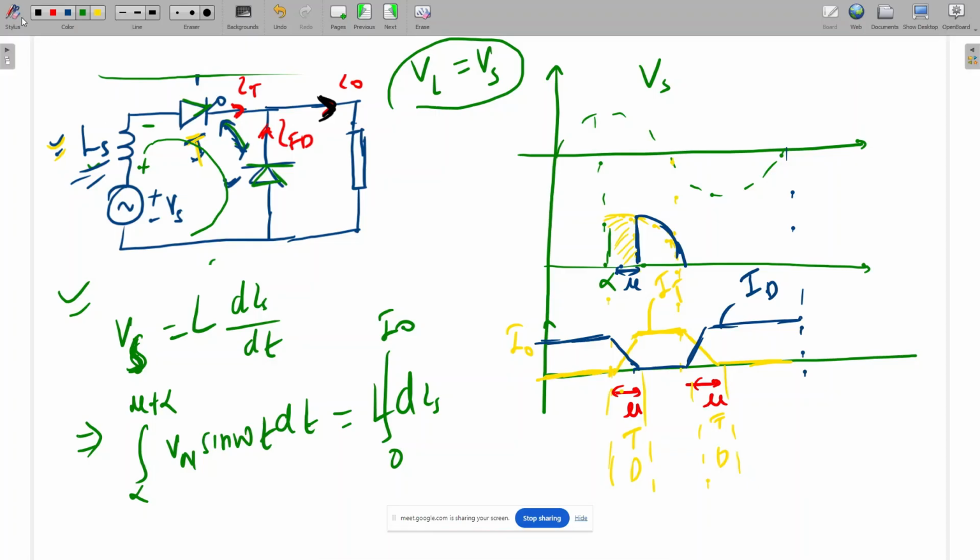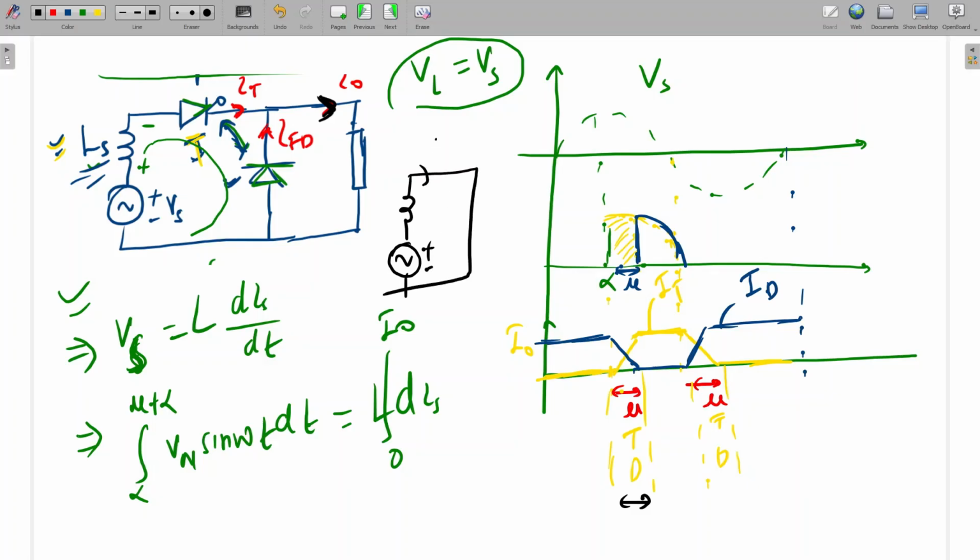Is it clear up to now, this equation? Anyone ask, I will reply. Sir, once again, please. See, during the overlapping period, T is on and D is on. So both are on, what will be the circuit? The circuit will be an inductor and a voltage source, and this will be shorted, and this is the source current.